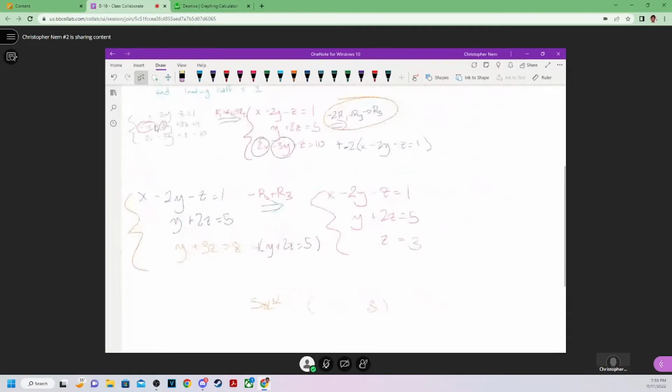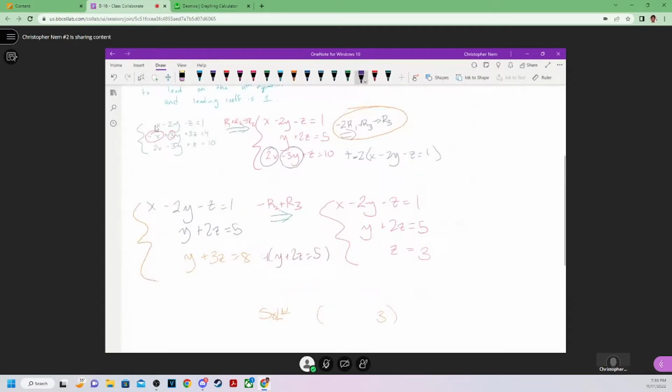If I substitute z in, this becomes y plus 2 times 3 equals 5, which is y plus 6 equals 5. Y is equal to negative 1. Negative 1 for the y component. And the last variable, I have to plug in x minus 2 times negative 1 minus 3 equals 1.